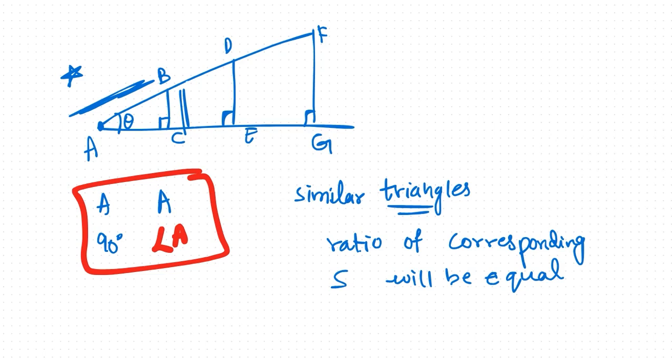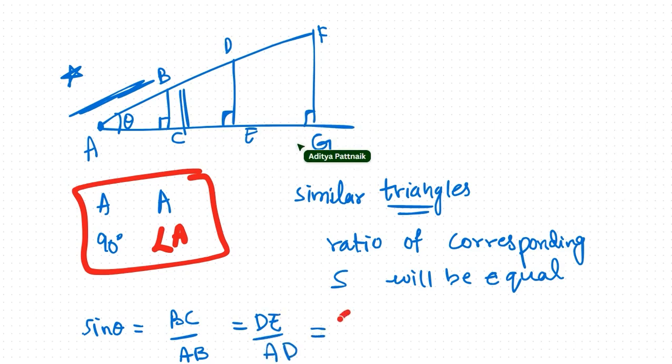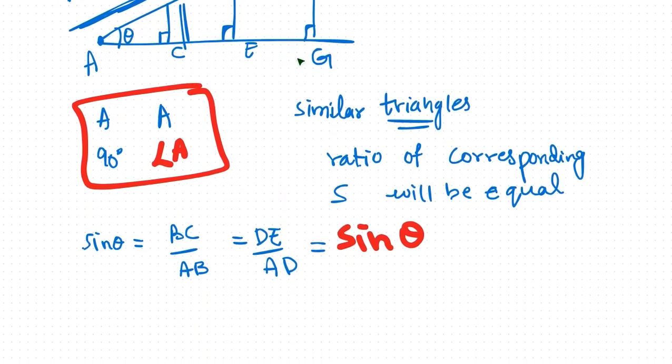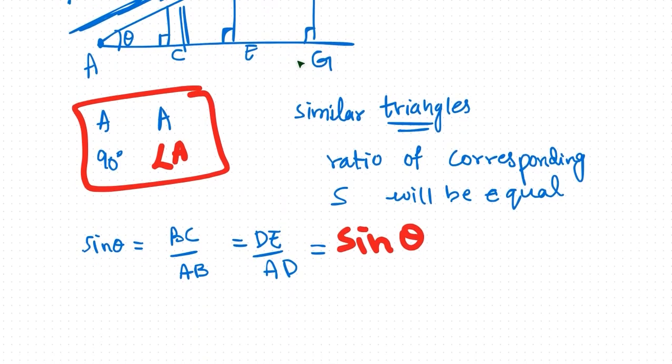So for this triangle, BC by AB is called sine theta. For the larger triangle also, opposite by hypotenuse, DE over AD, that is also equal to sine theta. Regardless, sine theta will be the same for any triangle.